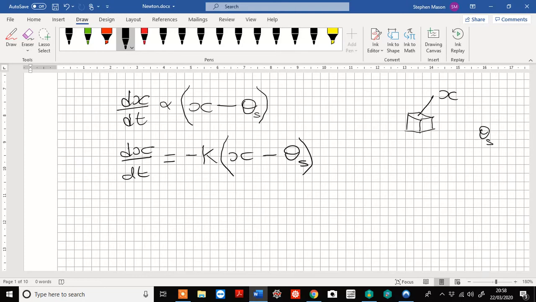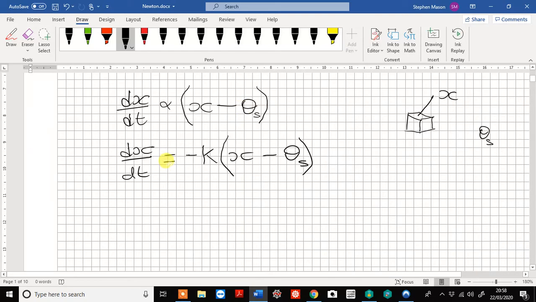So what we've got here is an ordinary differential equation in the first case, which is dx by dt proportional to the temperature difference between the temperature of the body and the surrounding atmospheric temperature.